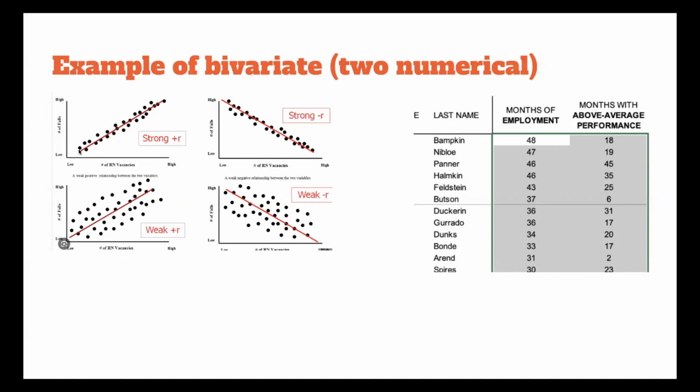Anytime you see a scatter plot going in this direction, it means there's a positive relationship between the number of those who fall sick and the number of those who use the vaccines. It means that as the number of people who fall sick increases, the number of people who use vaccines also increases, or vice versa.